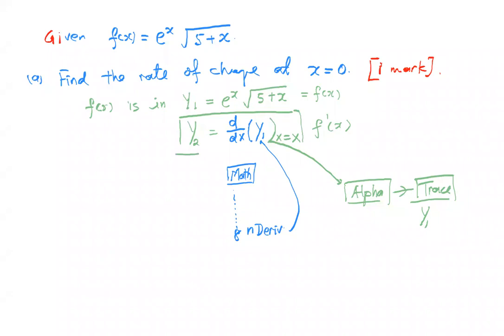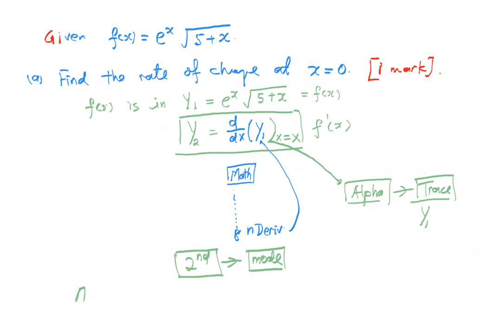So now, after I have done all this, I have to press second mode. You always have to quit. Then I call out my Y2. Still remember how to call out your Y2? Alpha trace, Y2.